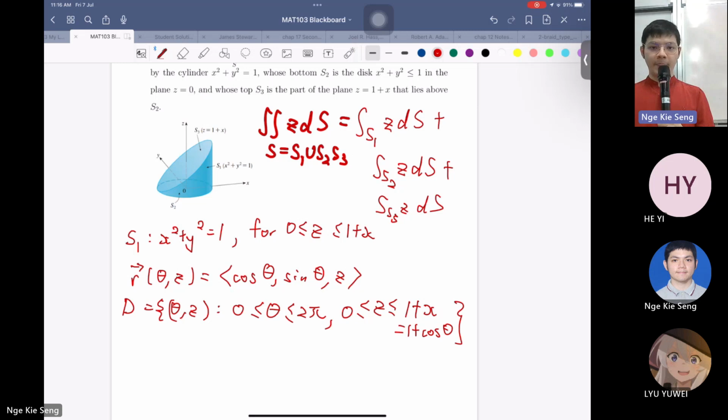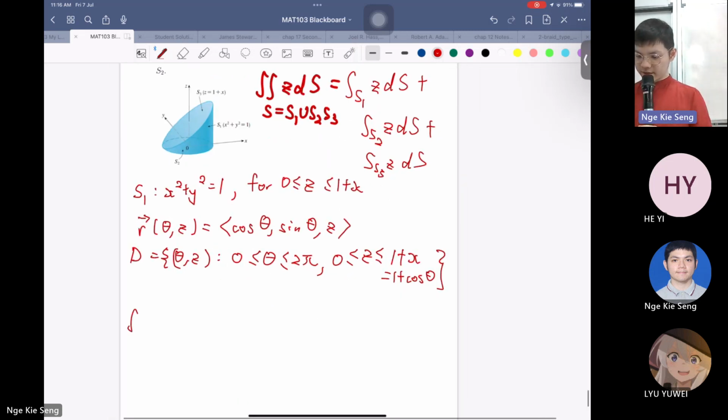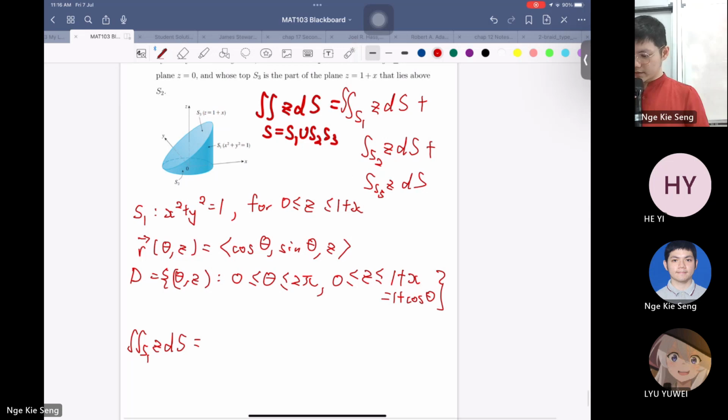Yeah, so let's compute the first surface integral here. What do you need for a surface integral?